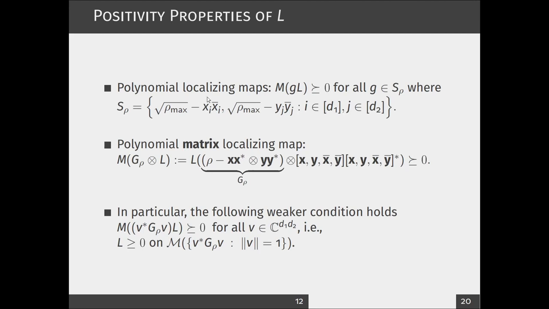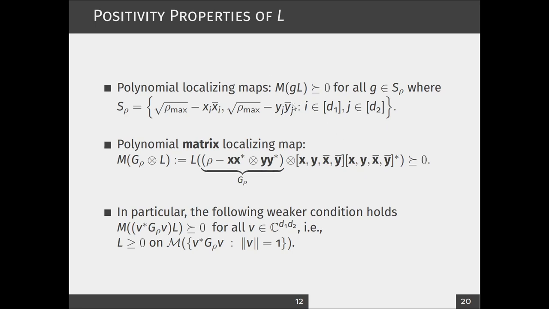Firstly, it gives PSD moment matrices for these localizing maps, M of GL. If you want to quickly recall what the moment matrix definition is, it's just L applied to, and then you slap a G in there, and then the two monomial vectors. Well, they would be infinite in this case, but we'll truncate them later.